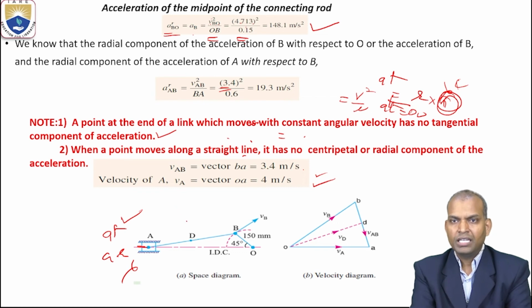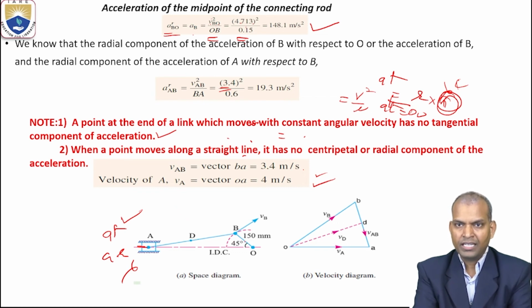That is why a link rotates with constant angular velocity. Which link is rotating here in this diagram? The OB link has constant angular velocity. For that, what is the acceleration of B with respect to O? Only the radial component is there, and the tangential component equals 0.